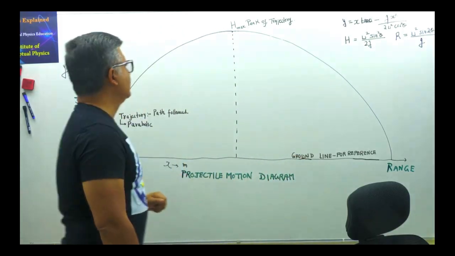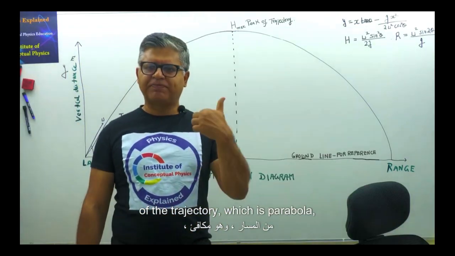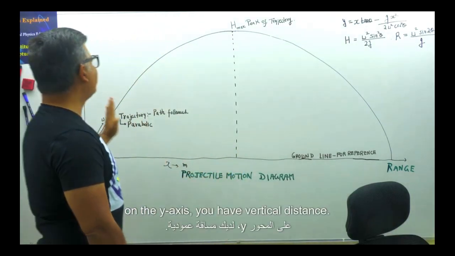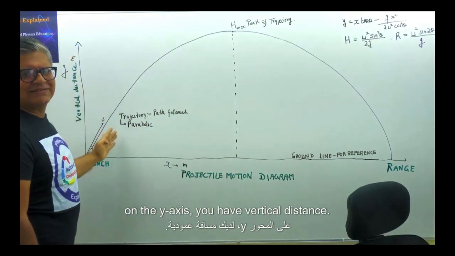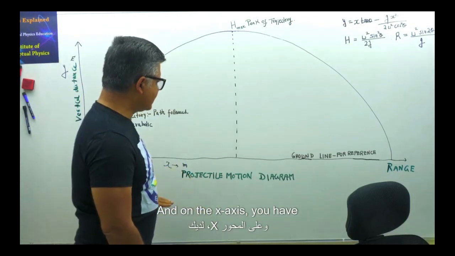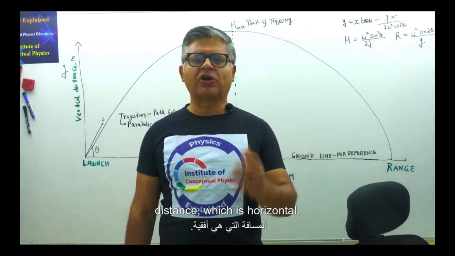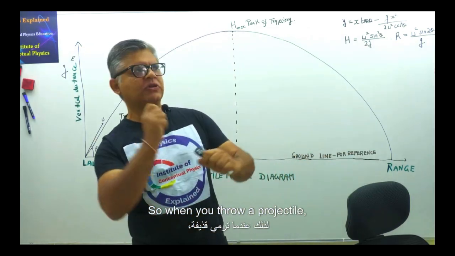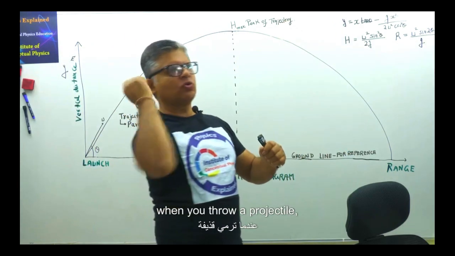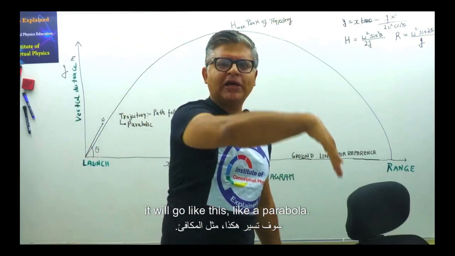Now when we draw this graph of the trajectory, which is a parabola, on the y-axis you have vertical distance, and on the x-axis you have the horizontal distance. So when you throw a projectile, it will go like a parabola.